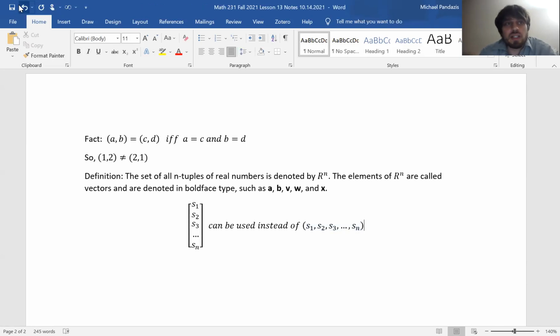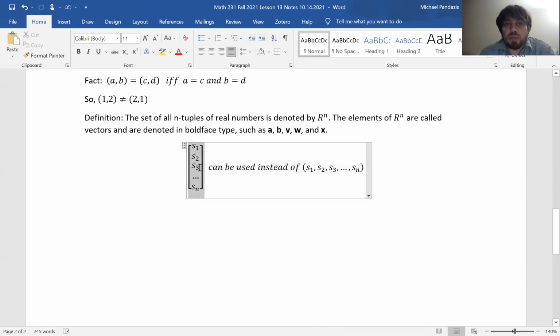So they're both just ordered lists. This is a list of n things, and this is also a list of n things. They're just two different ways to illustrate the same exact thing.